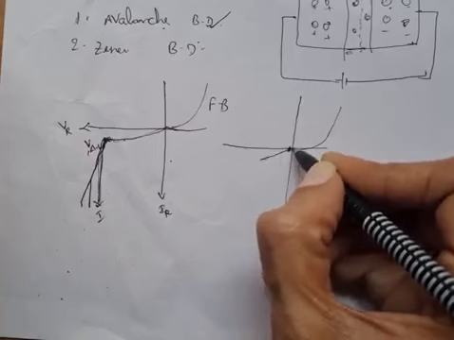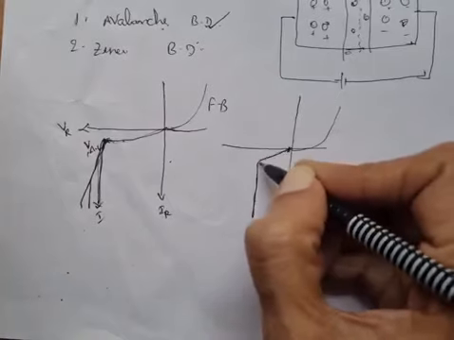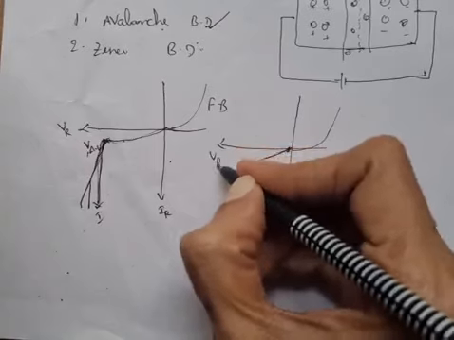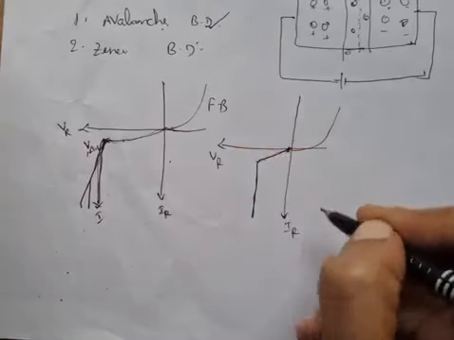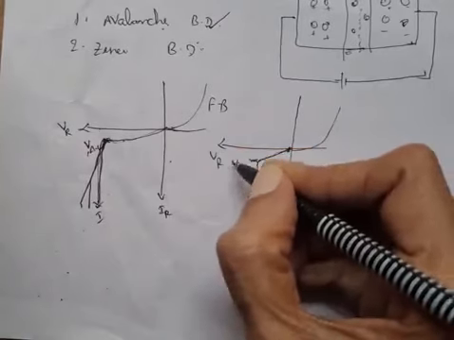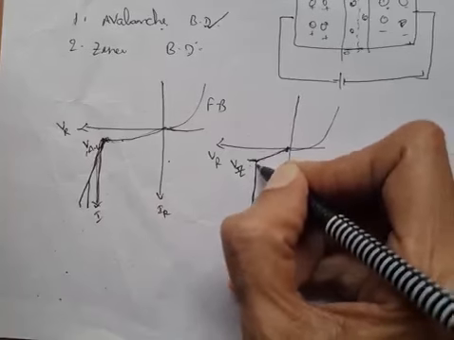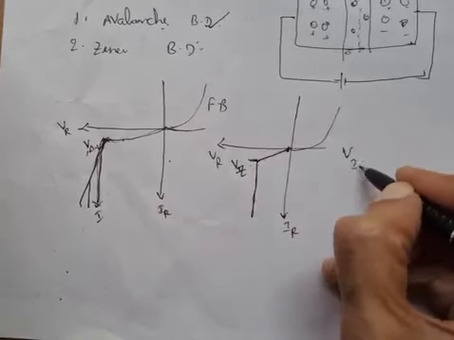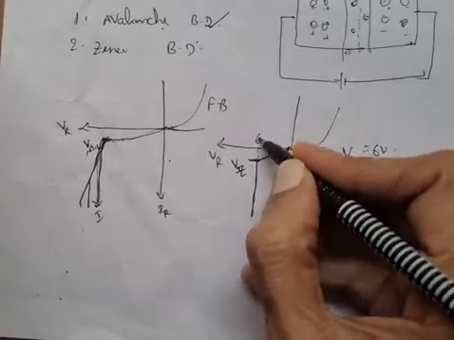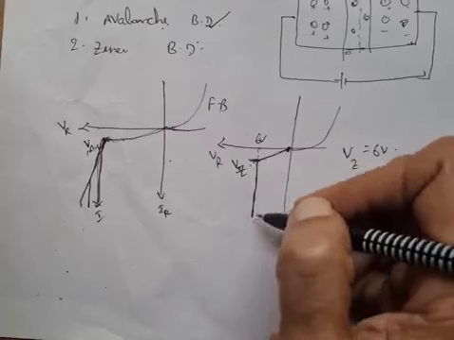From here the current is constantly increasing, so voltage does not change. This region is the breakdown of the Zener diode. So this is the Zener voltage. This Zener voltage is maximum 6 volts. So from 6 volts onwards, the Zener voltage is constant and current will be varied.